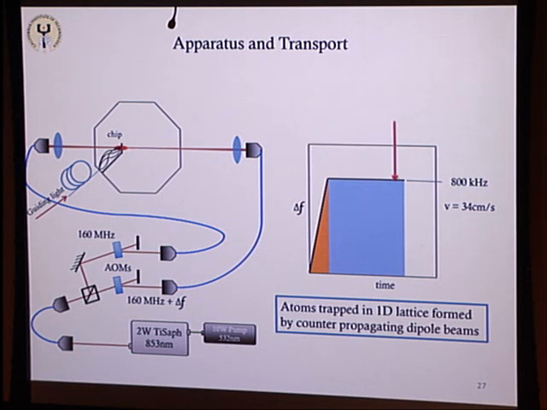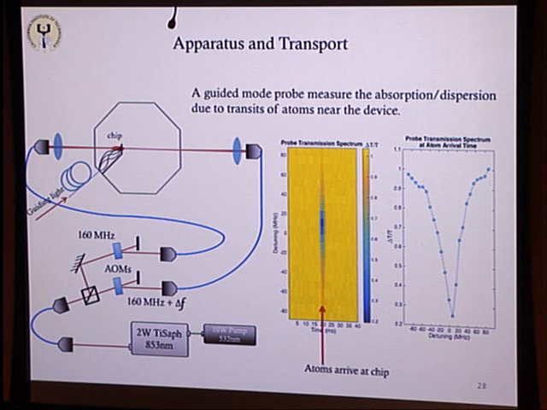We're just going to move them, and then the atoms will arrive at the chip at some time later after they've been accelerated up and then sent into the structure.